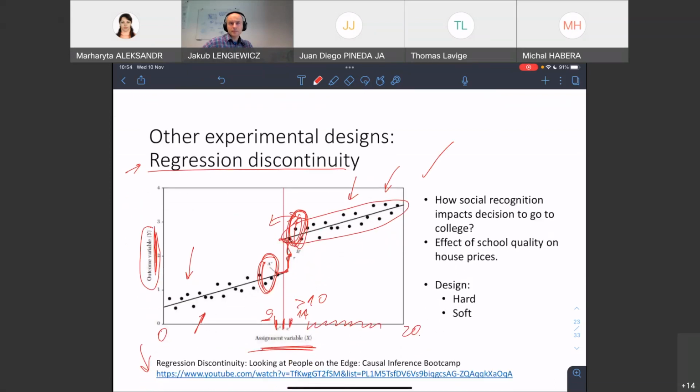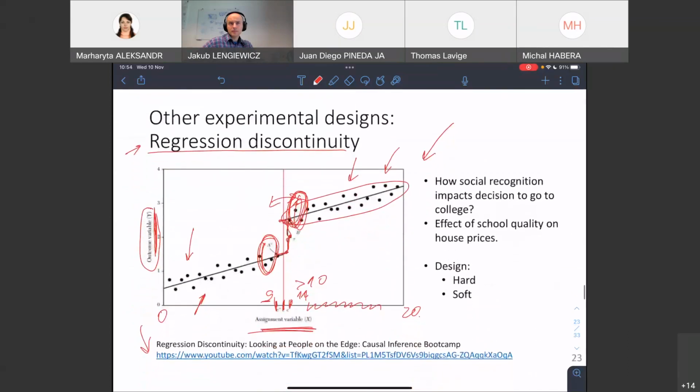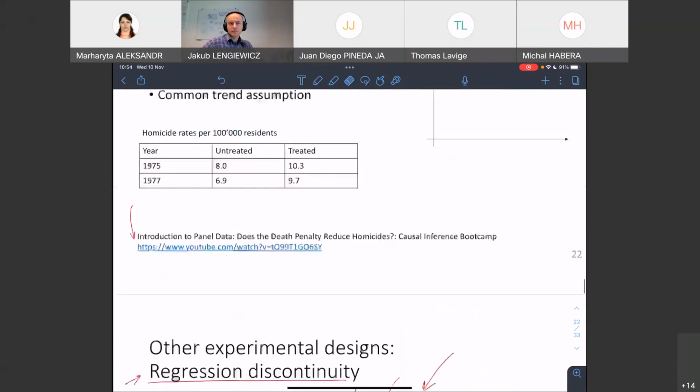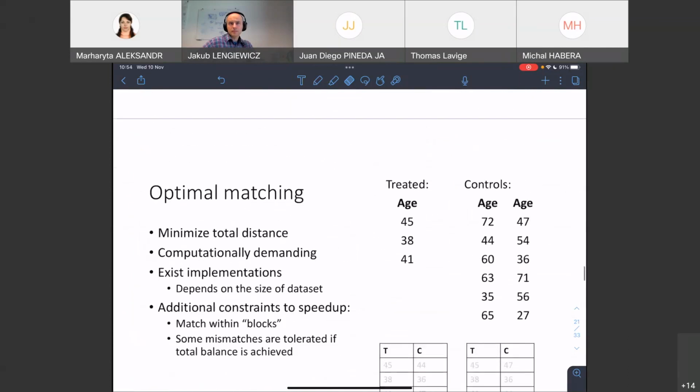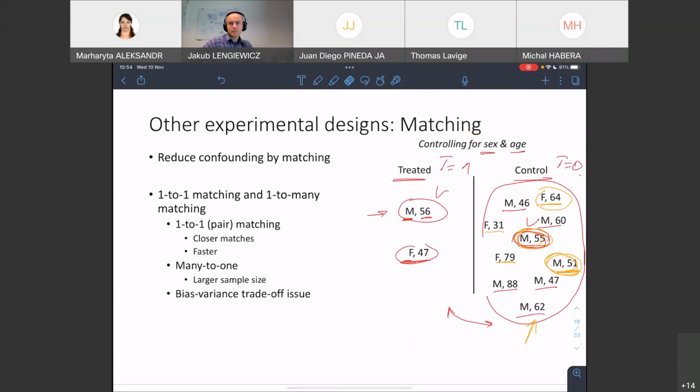As I said, another possible idea is regression discontinuity, but here we in fact again assume a linear relationship. Or we can do nonlinear regression. We'll talk a little bit more about it in the next lecture. A possible very naive, easy way, for example, is matching. Here we don't have a linear relationship.